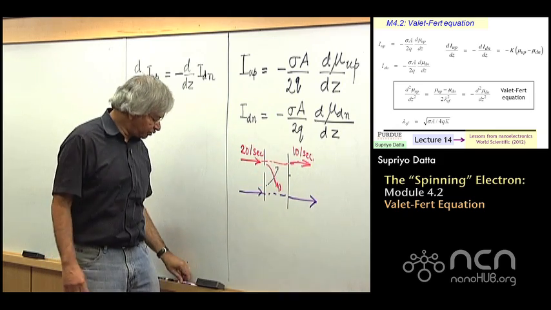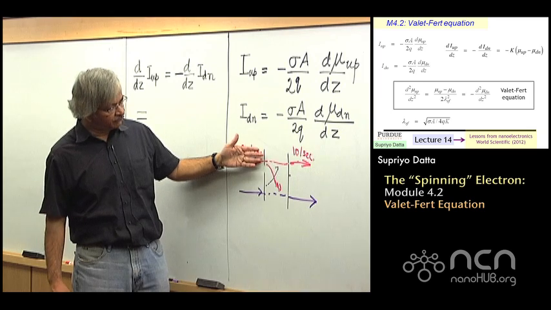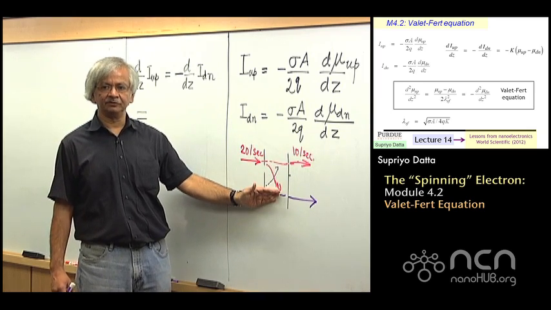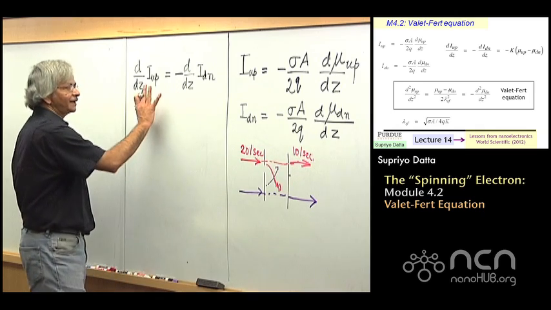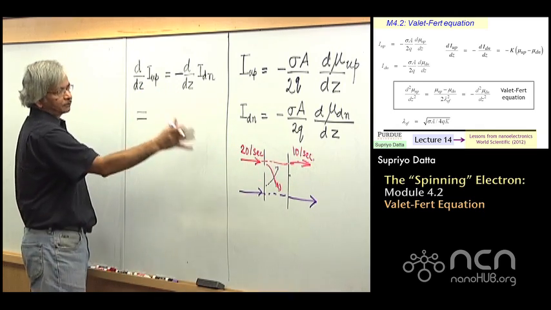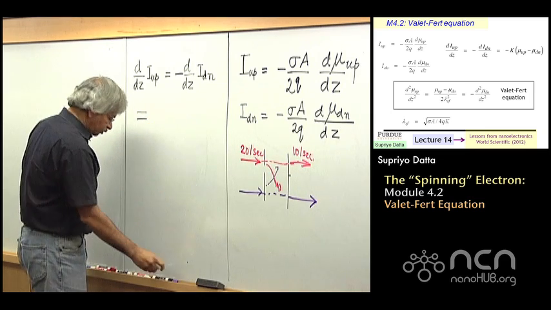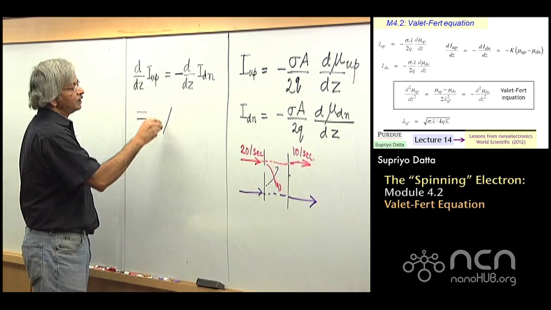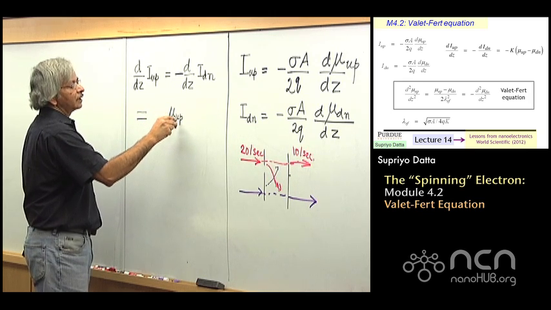So in other words, the flow would be from the side that's relatively filled to the side that's relatively empty. And so what you might expect is that the rate at which things would go from up to down would be proportional to the difference between mu up and mu down.